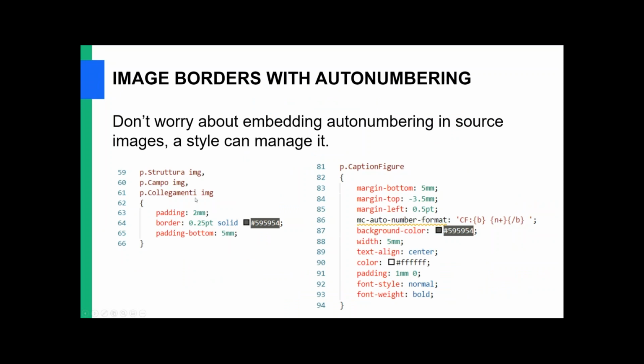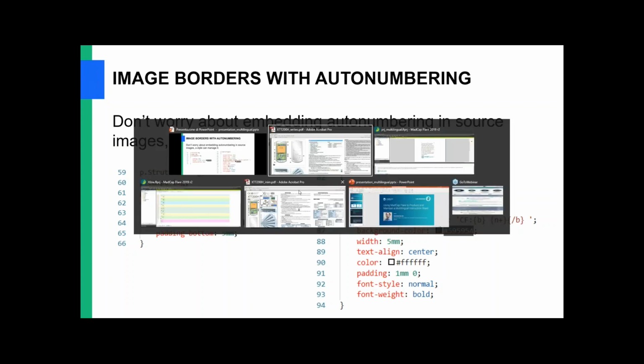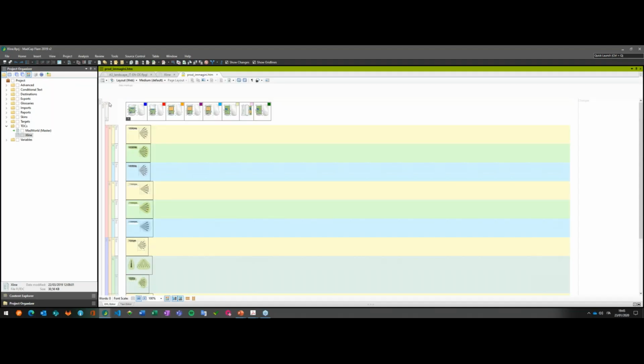As you can see, I just added a little padding and a border to all those images, which I selected based on their containers. So the containers were P struttura, P campo, P collegamenti, as you can see here in Flare.